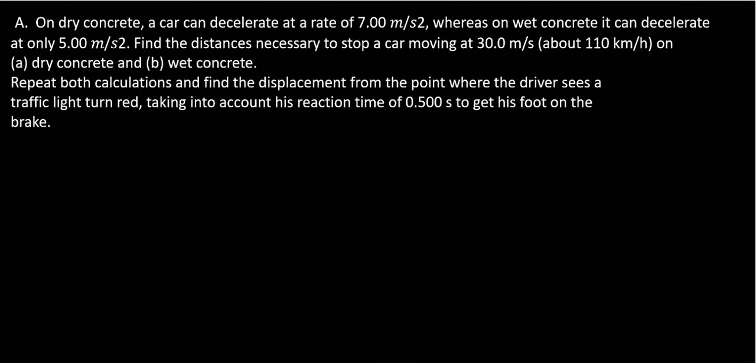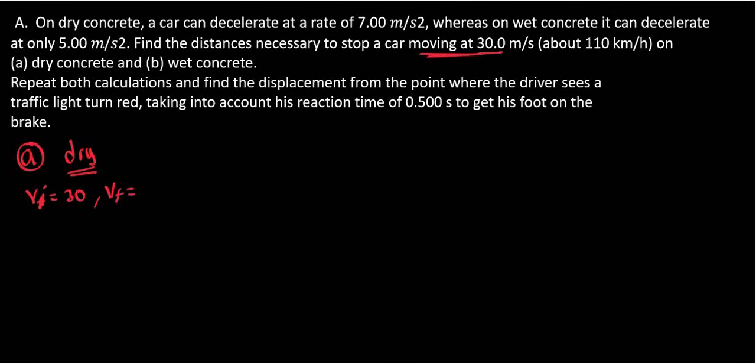A, which is on the dry concrete. So I'll say this is the dry, right? What kind of initial velocity do you have? Since they are saying it was moving, that's our initial velocity, which is 30. Now, what would be our final velocity?